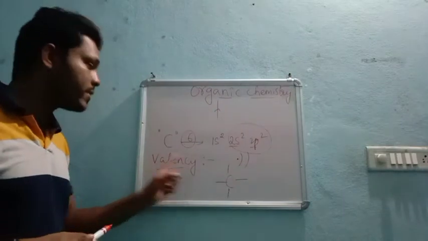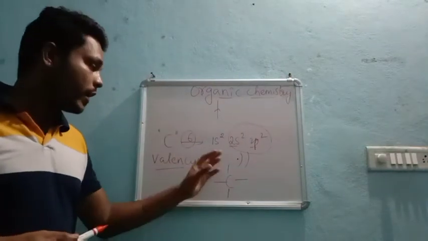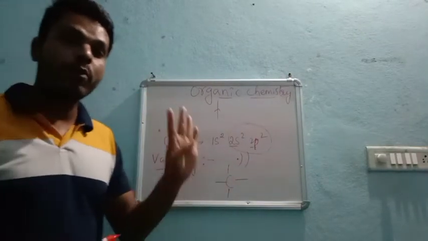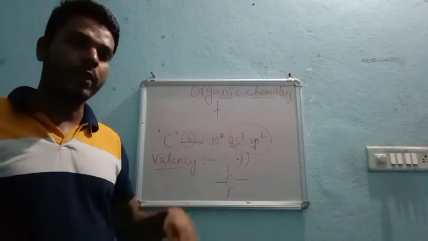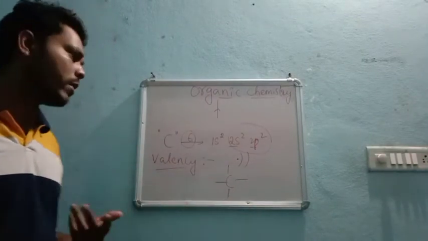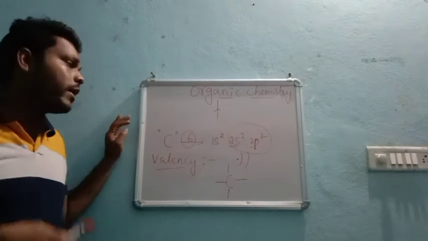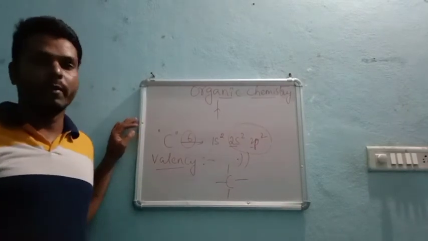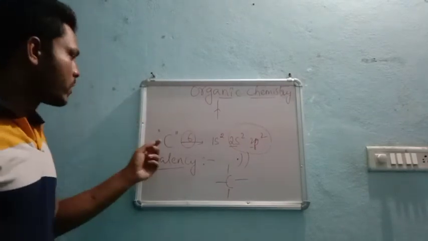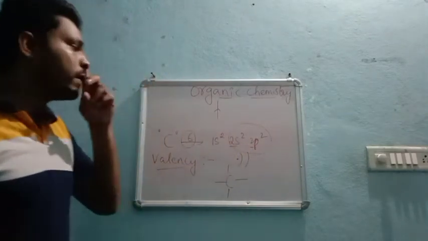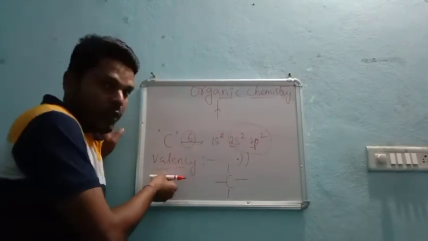So its valency is 4. Therefore, it forms 4 bonds with hydrogen, or chlorine, bromine, whatever it may be. Not only with hydrogen, it might form bonds with other elements also. So these are the 2 definitions of valency.